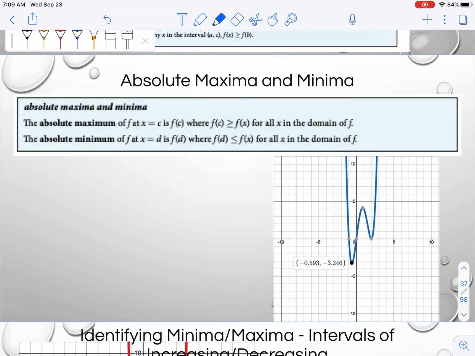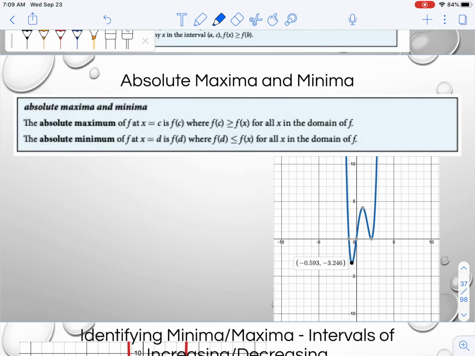So we have a maximum of f at a point c if f of c is greater than f of x for all x in the entire domain or in the entire graph. Same thing, we have a local minimum, or an absolute minimum rather, at a point d if f of d is less than all f of x for every x in the domain of f, right?